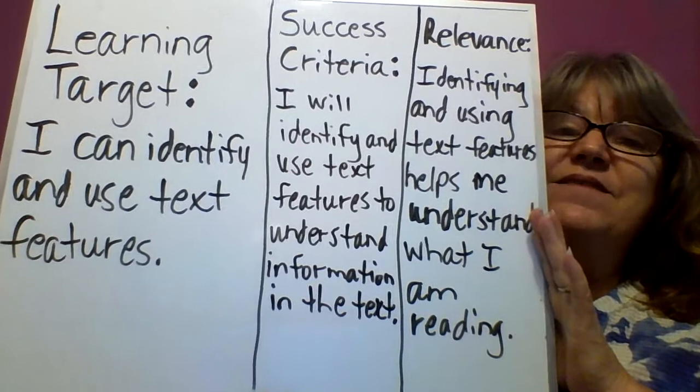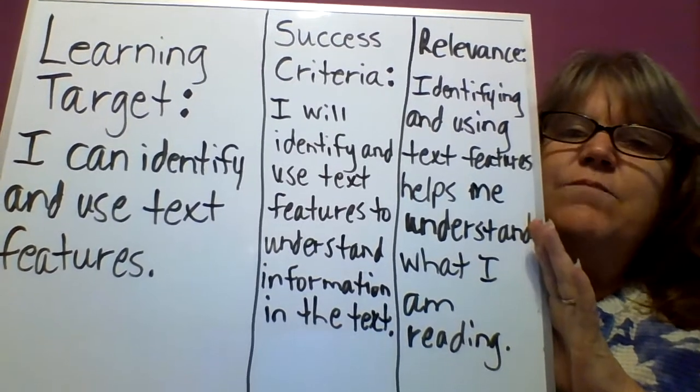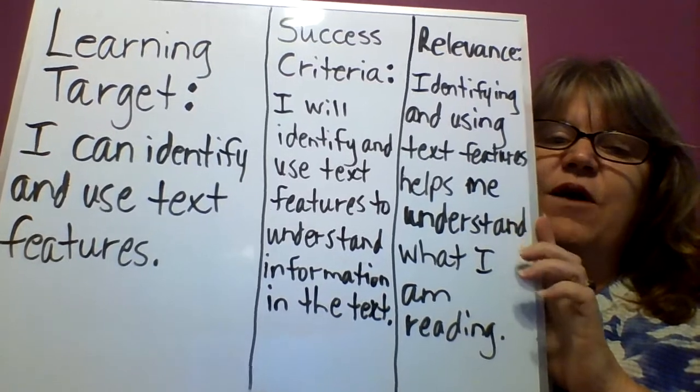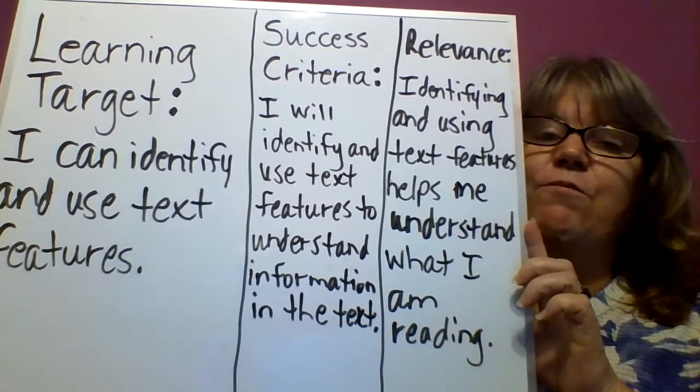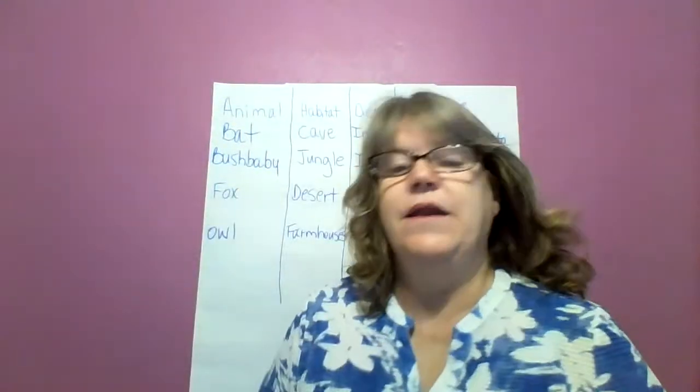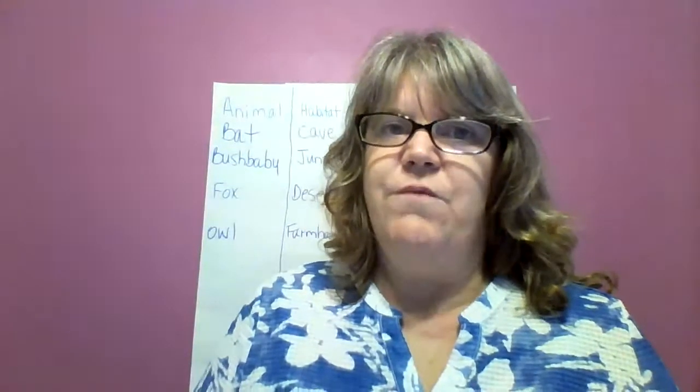And the relevance, which is why is it important? Because identifying and using text features helps me understand what I am reading. So by using those text features, it helps us understand what we are learning about. It helps us understand the information that we're reading.